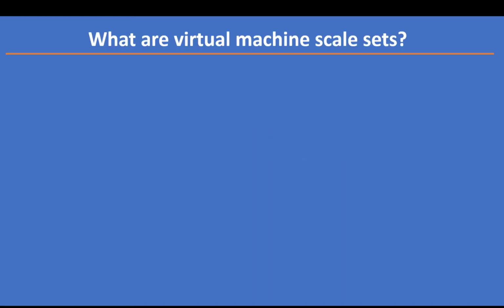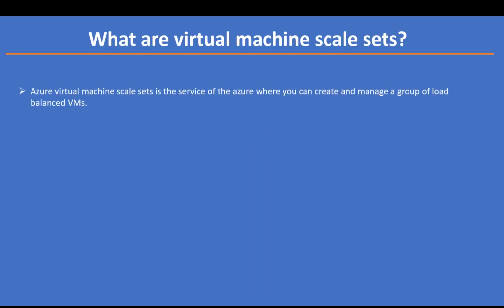So what is the virtual machine scale set? A virtual machine scale set is a service of Azure where you can create and manage a group of load balanced VMs. Wherever you create the virtual machine, it will be behind the load balancer, and you can increase and decrease the VM instance count at any given time.